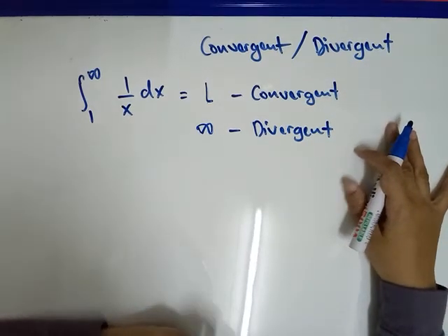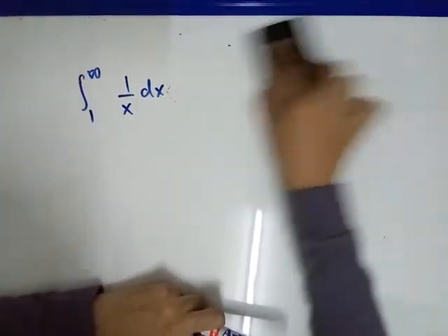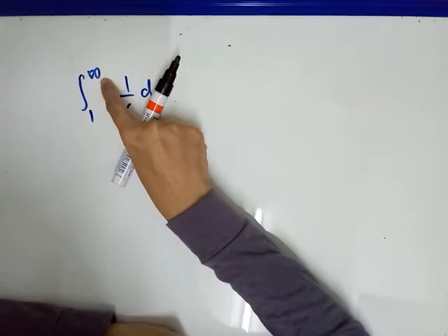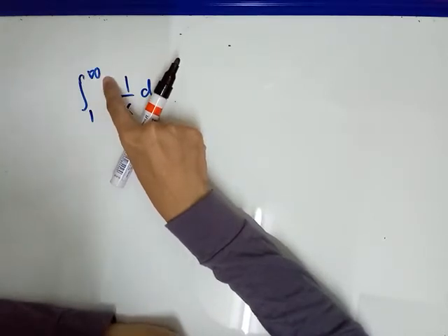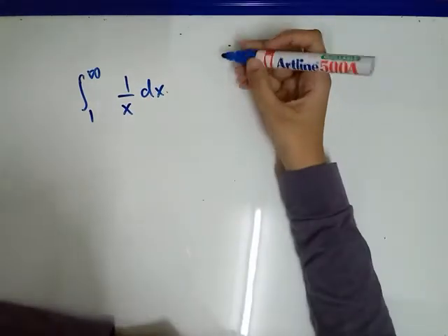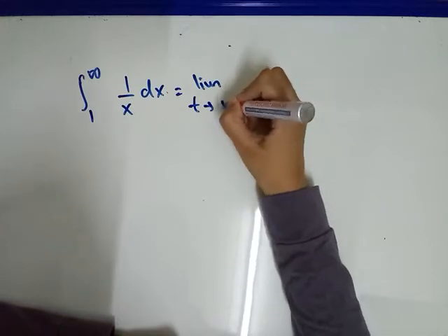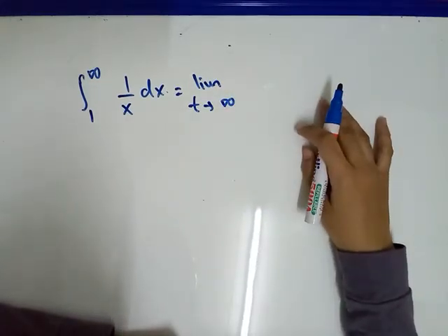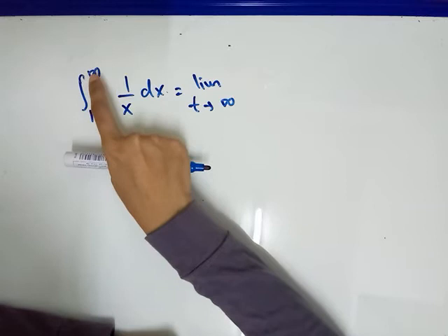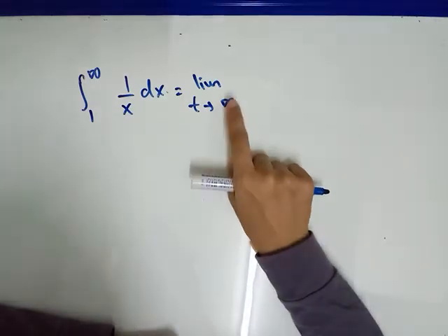So how to evaluate this integral? Because there is infinity at the upper limit, we need to express it in limit as t approaching infinity. Whether it is the upper limit or lower limit, we need to express it in limits as t approaching infinity.